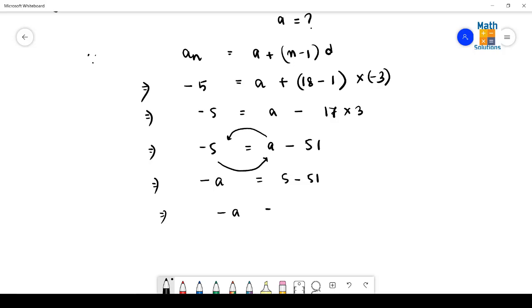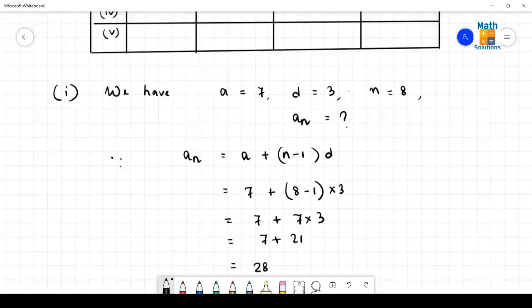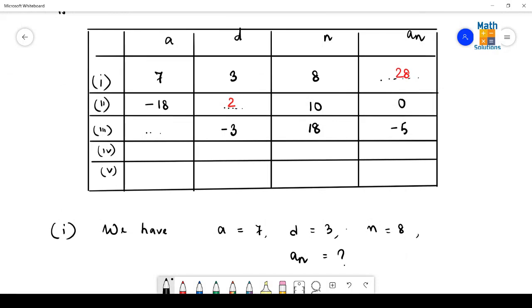So -a is equal to -46. So the value of a comes as 46. So in this main table we can put the value of a as 46.